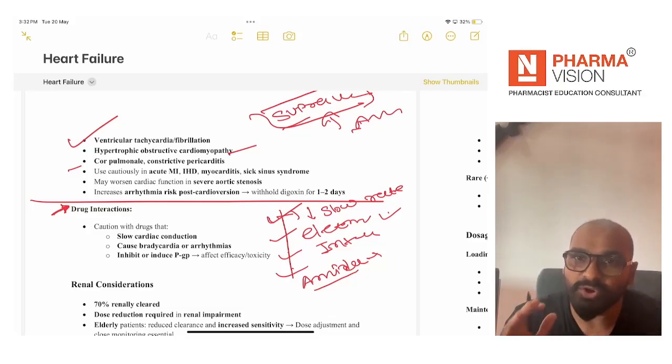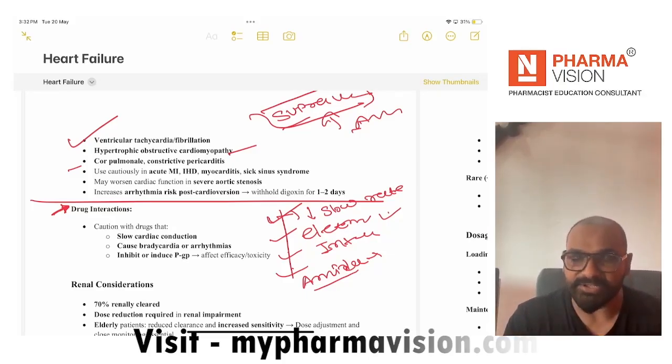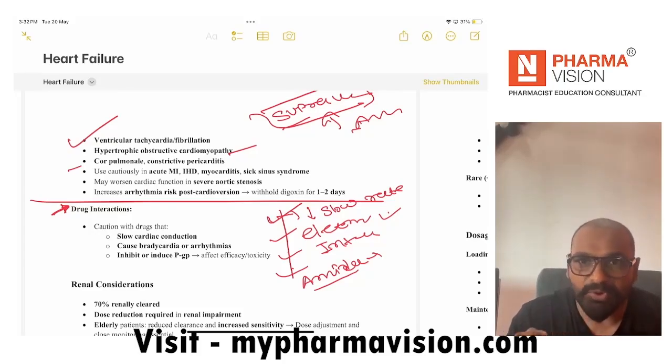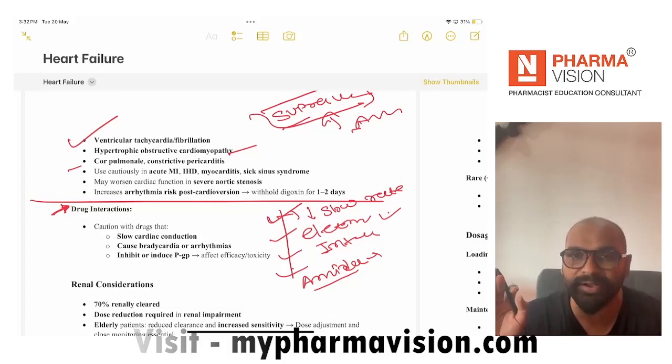That's why the digoxin dose needs to be reduced by 50% when the patient starts amiodarone while stabilized on digoxin, or vice versa. If the patient is taking digoxin and you start amiodarone, always reduce the dose of digoxin and gradually titrate it.